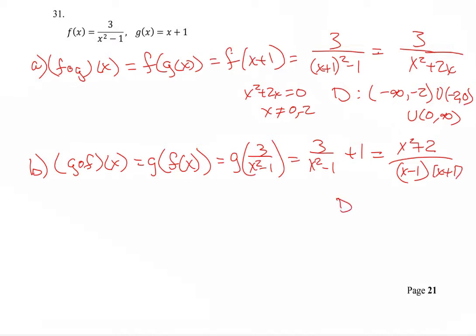So my domain here, x cannot equal negative 1 or positive 1. So my domain is negative infinity to negative 1 union negative 1 to 1 union 1 to infinity.